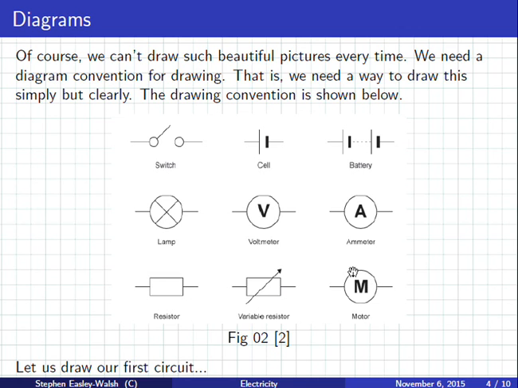This is to measure voltage, a voltmeter. This is to measure current, an ammeter. This is a resistor. This is a variable resistor, meaning the resistance can be changed, adjusted. Finally, this is a motor. You don't really need this last one, it's not on the course. So just draw the first 8, please.